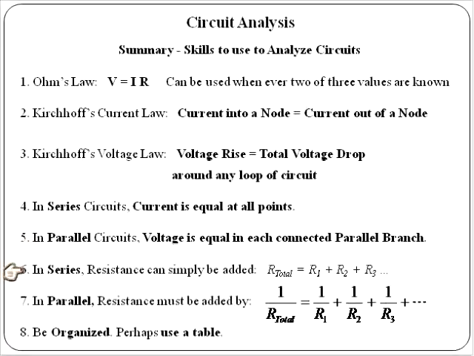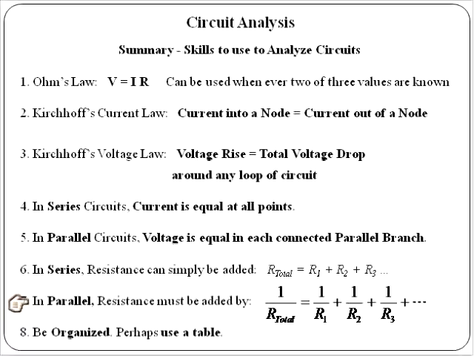And remember your rules for adding resistors, because we do have to do this from time to time, and I'm going to show you some examples of this in just a little bit. In series circuits, resistance is simply added up. It's cumulative. In other words, R1 plus R2 plus R3, however many resistors we have, but only if they're in series. If we have some parallel ones thrown in there, then we have to do it in two steps, and I'll show you what I mean by that in just a second.